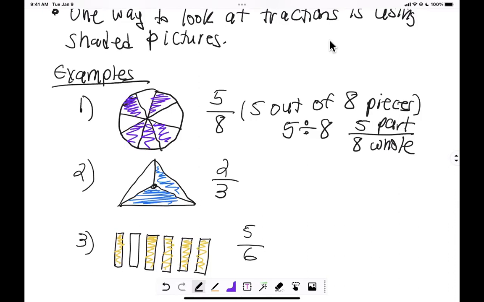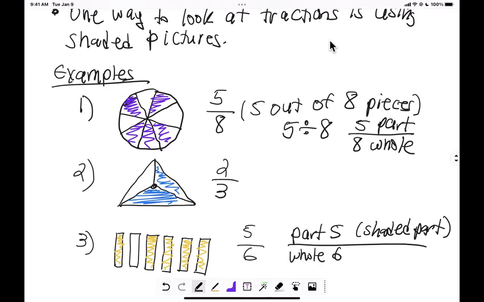So I can represent 5/6 by this picture here. That just means the part is 5. The part I shaded was 5, shaded part over my whole of 6. I had 6 pieces total.